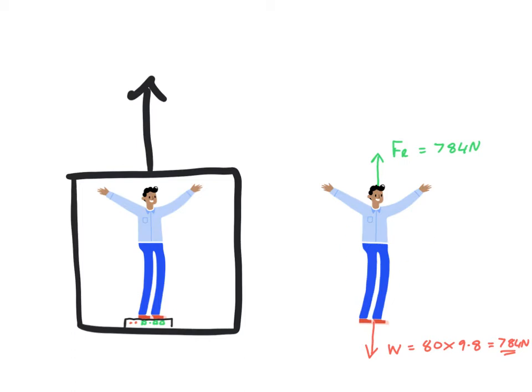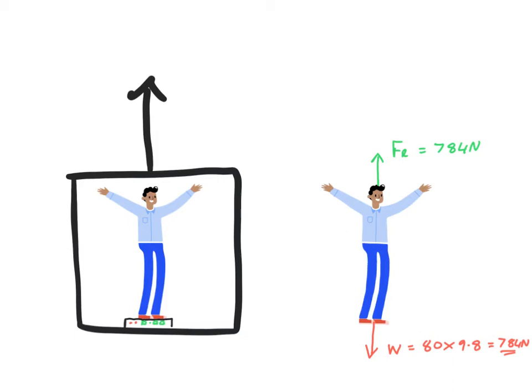So what happens if the lift then accelerates upwards like we saw in the last video tutorial? In order for this person to accelerate upwards, this can't change, so this will never change, that's the weight of the person. We need this force to become greater than the weight.